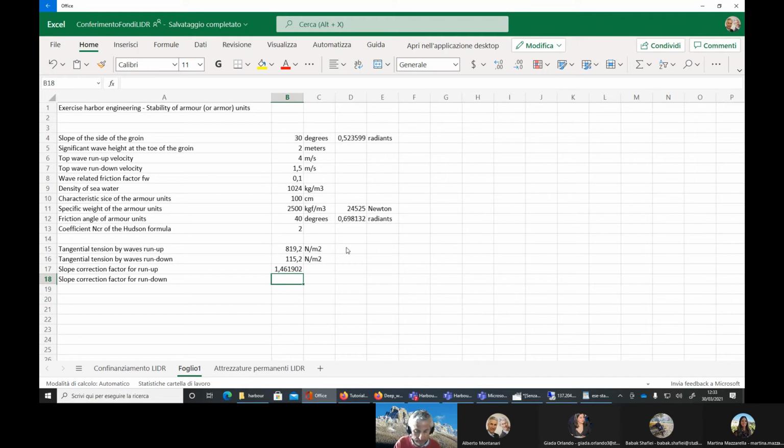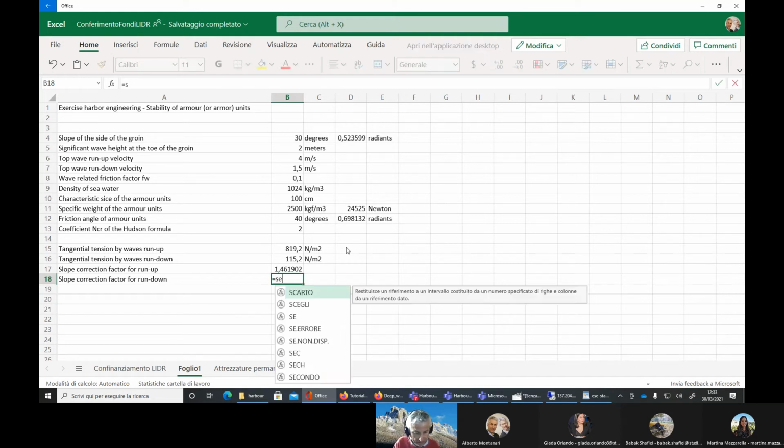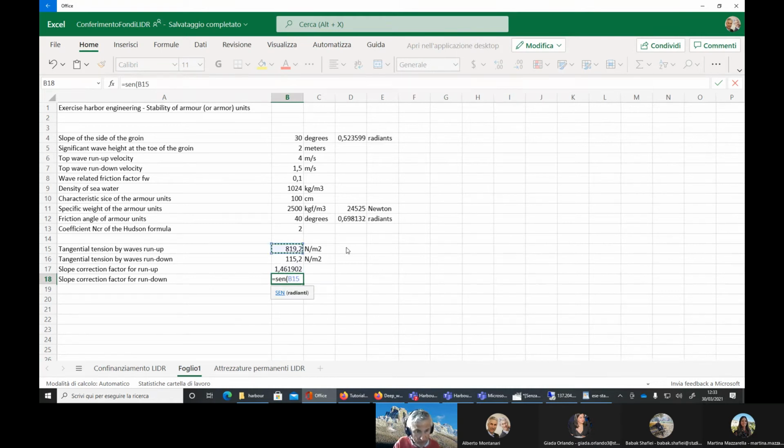For the run down, it's equivalent to sin of the friction angle, here it's minus the slope, divided by sin friction angle. Okay, good. And you see for the run up the correction factor is greater than 1. For the run down it is lower than 1. And this is what we expect.